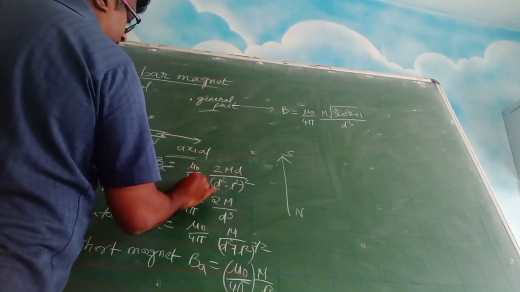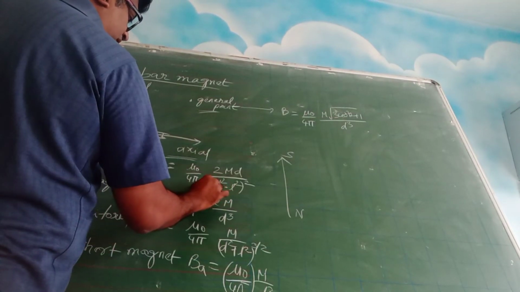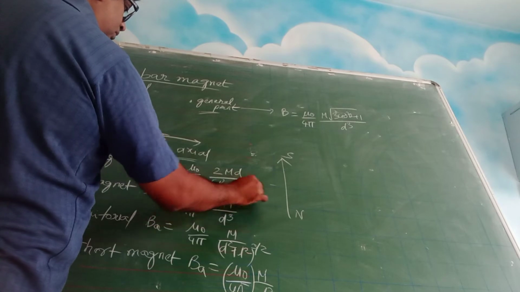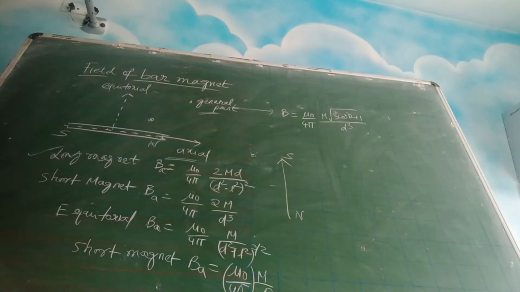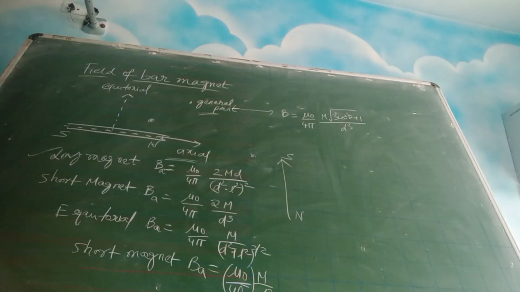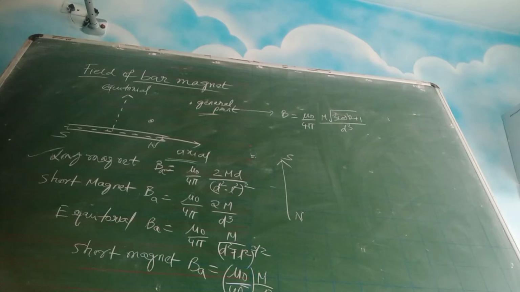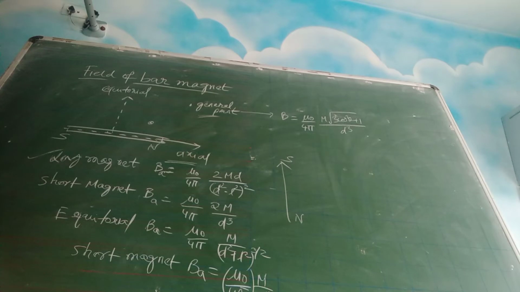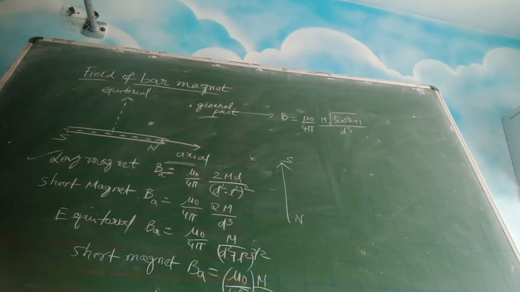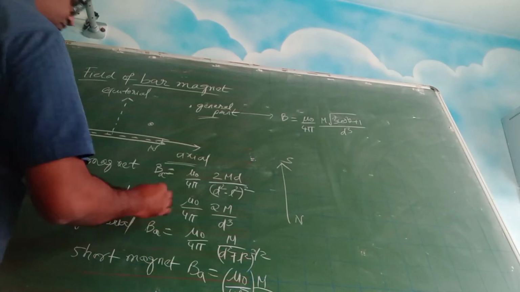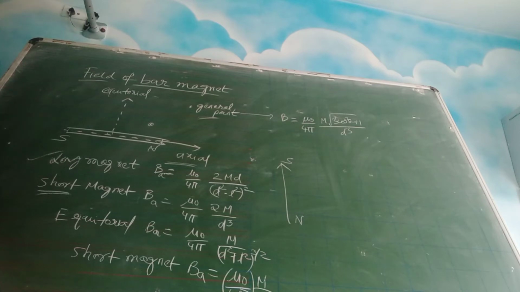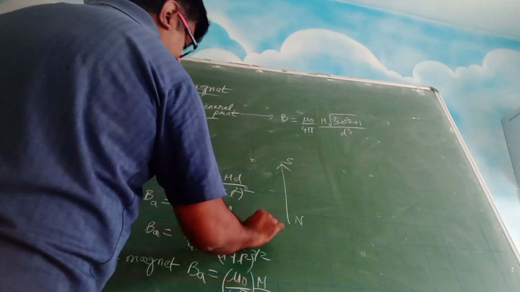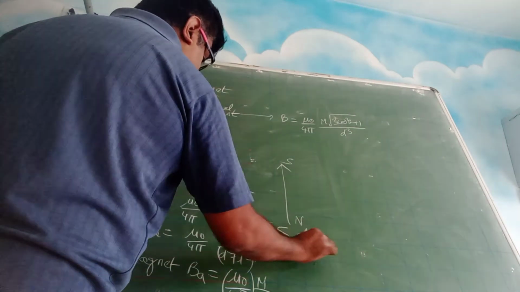B_A is given by mu naught by 4 pi, 2 m d divided by (d square minus l square) whole square. Here d is the distance and l is the length of the magnet. Now, in the case of a short magnet, from which most of the questions come, l is very less compared with d.